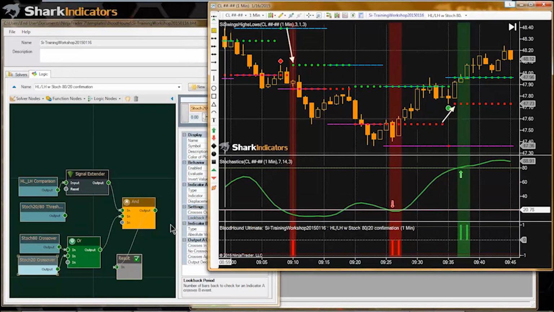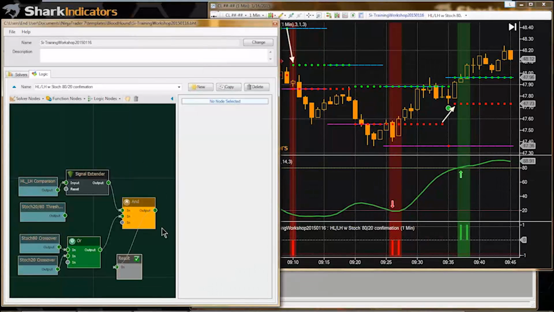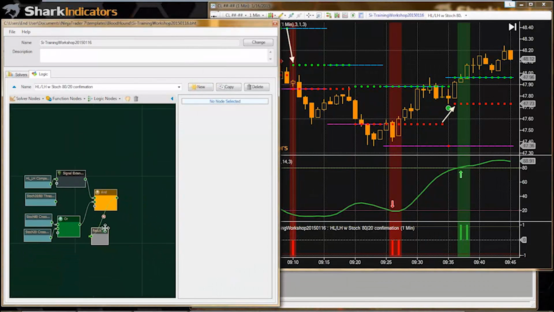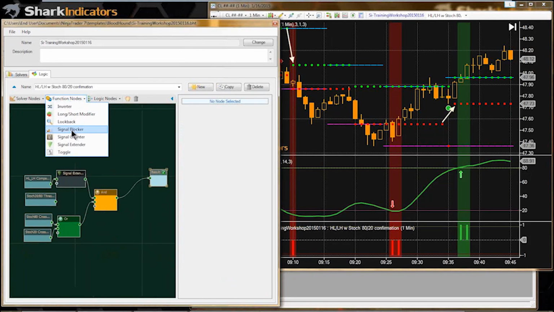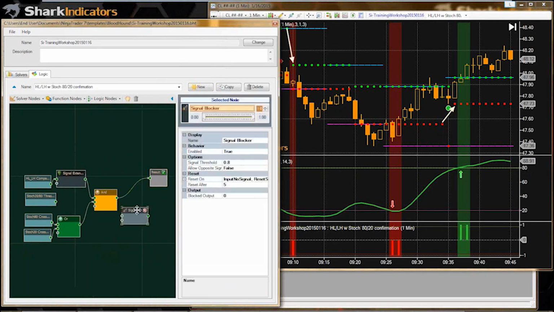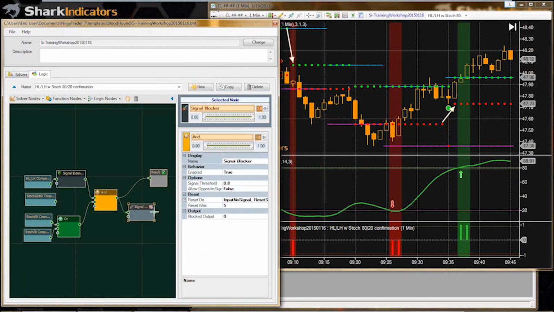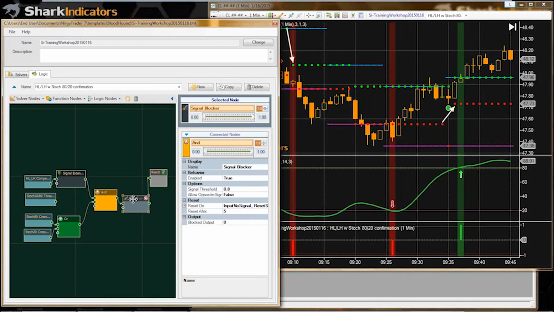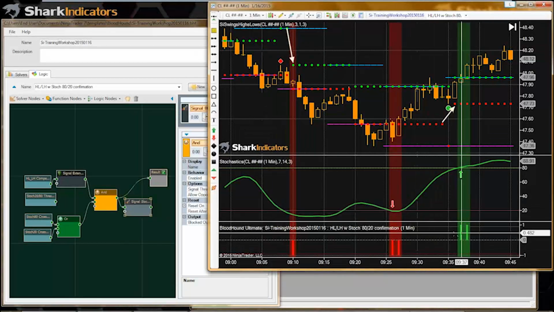So if that's undesired, if we don't want that, then what we can do is just use the signal blocker. We can just put a simple signal blocker in here, and it's going to be really easy to set this up because we only need to block 1 signal, right?